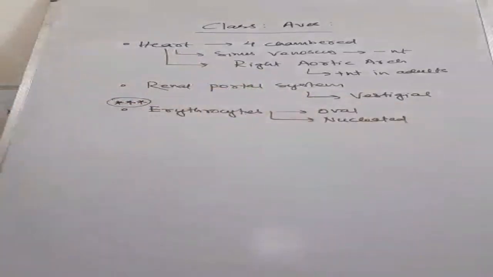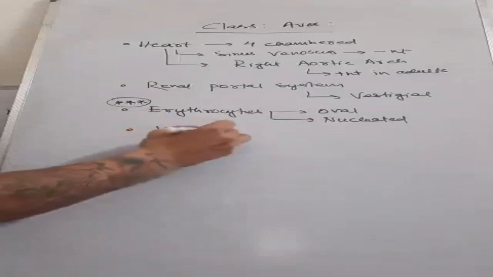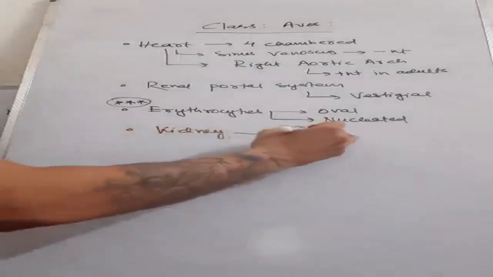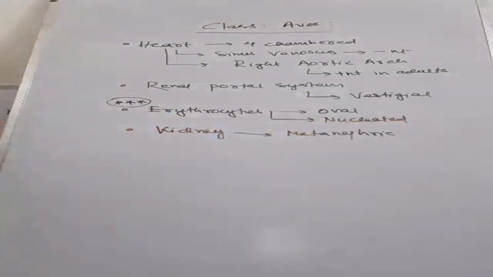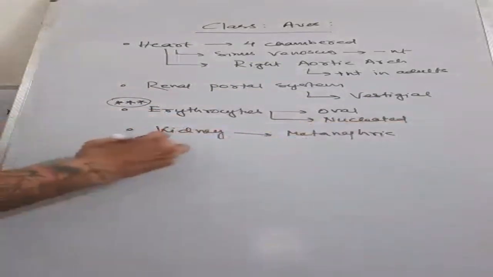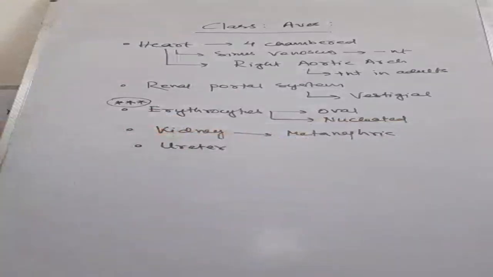The kidney, when we talk about the kidney, it is metanephric. That means a fully functional kidney is there. Now there is an intricate system with the ureter and the urinary bladder.